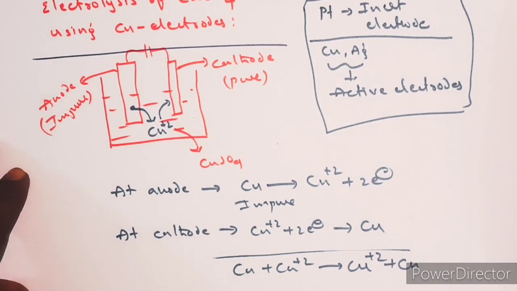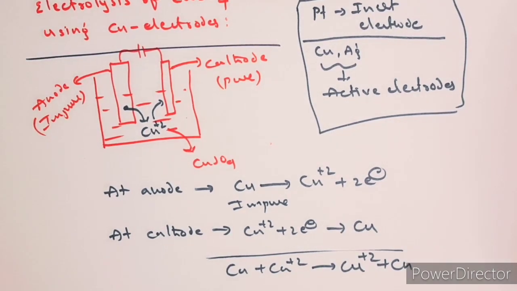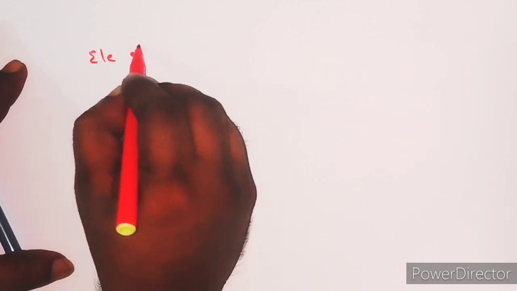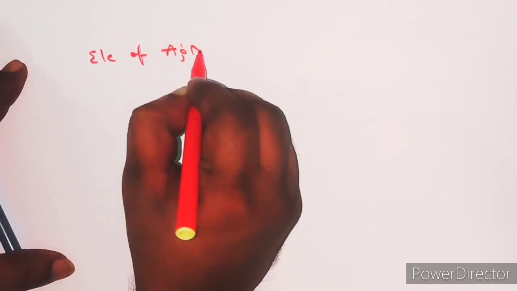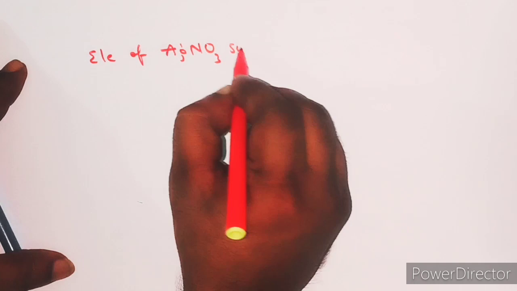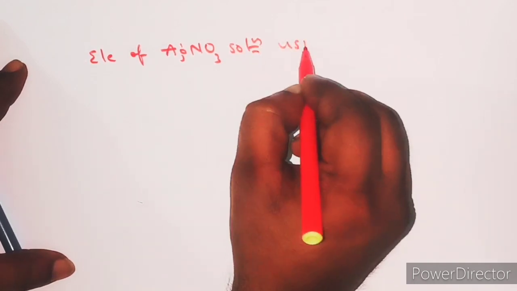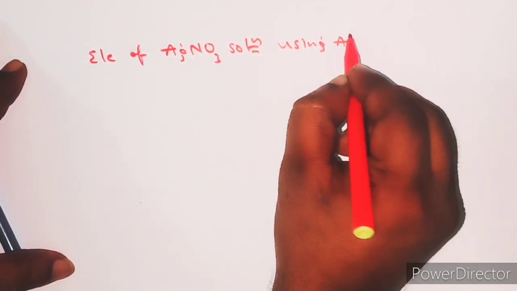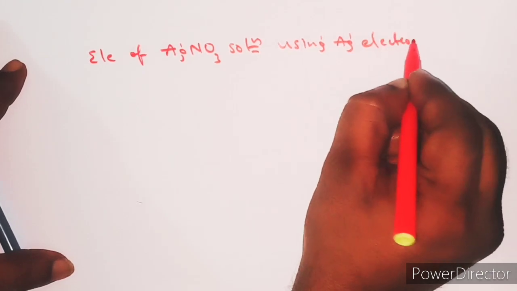Now let me give you one practice example. Hope you can do it and answer. Send your answer in the comment box. The question is: electrolysis of silver nitrate solution using silver electrodes.